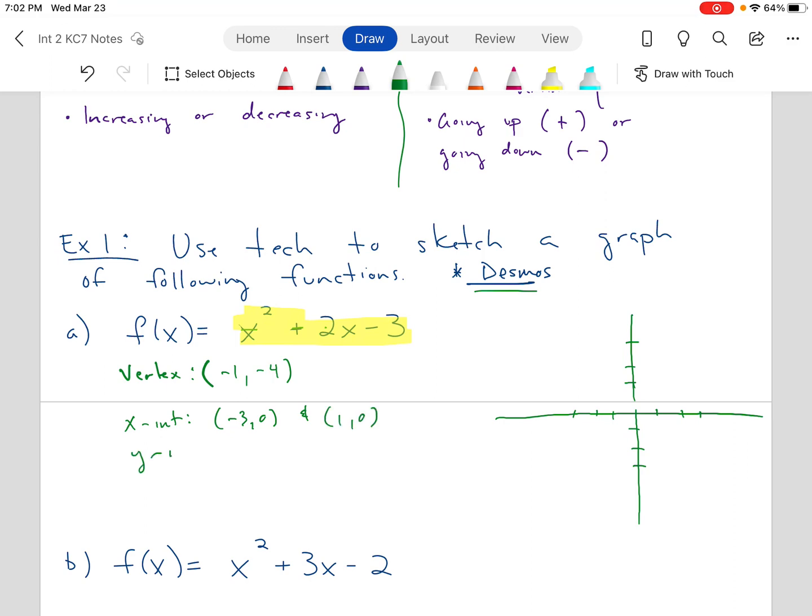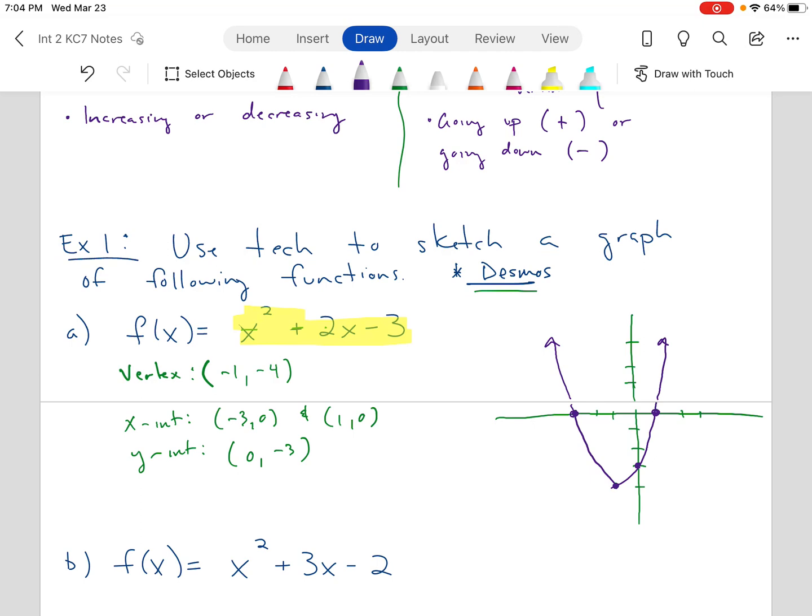And my y-intercept was at 0, -3. So I am going to plot those points on my graph. Okay, so I have -1, -4, which is here. I have -3, 0, 1, 0, and 0, -3. So my graph will be pointing up, going this way, forever and ever.